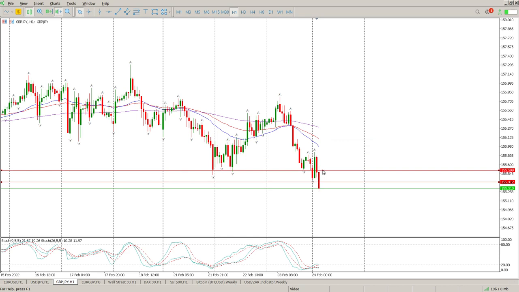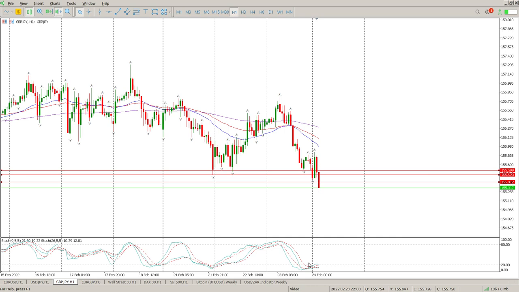Let's just do that and add one more. So that's the area that I would be paying attention to. I'd be looking to see if we can get a move back to 155.600, or alternatively 155.528. If we can get a move back to there, and we reject that area, I would be looking for a move to the downside.